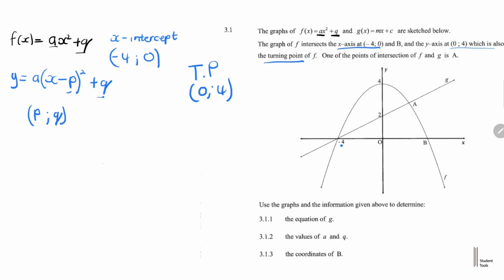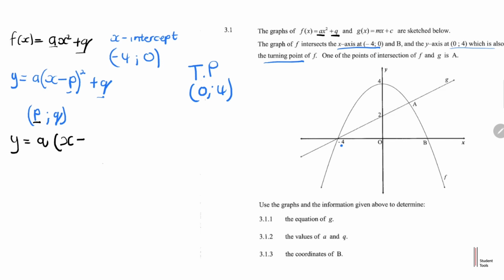So in this case, we have the turning point as 0, 4. So let us try and plug it into our formula so that we can see where that gets us. So we have y equal to a multiplied by x minus p. So that is given by the x value of the turning point.